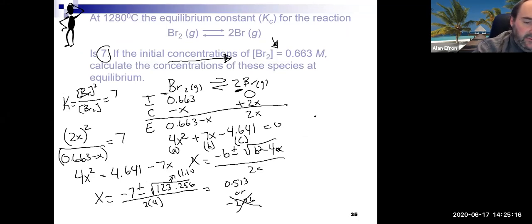So we're going to now take our 0.513 and put it back in, which means at equilibrium, Br2 would equal 0.663 minus 0.513. And that's going to give us 0.150.